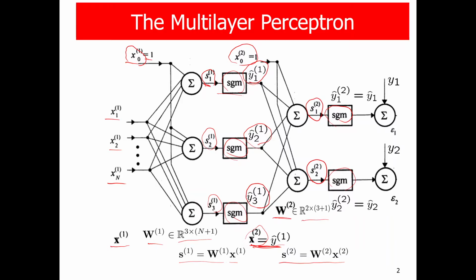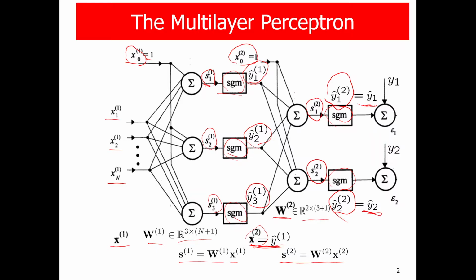The outputs of the neurons on the second layer are denoted by y hat 2,1 and y hat 2,2. Since this is the last layer of the neural network, often we will just use the notation y hat for the activations of the neurons on this last layer. The components of this y hat are just y hat 1 and y hat 2.